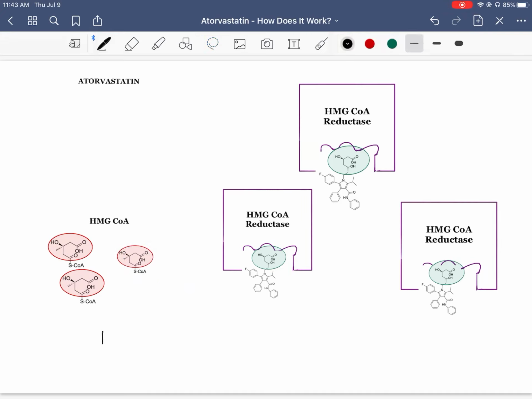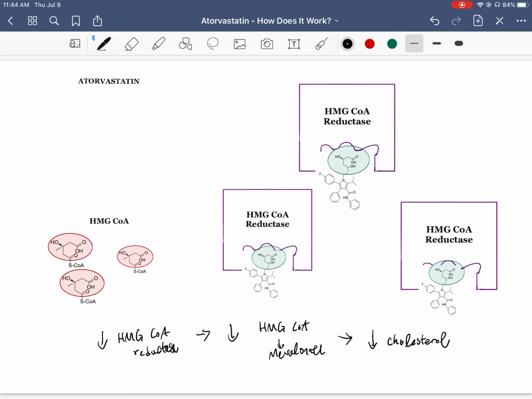By decreasing the amount of available HMG-CoA reductase, we then limit the rate of reaction of HMG-CoA to the mevalonate, reducing the production of mevalonate and ultimately reducing the production of cholesterol, thus lowering blood cholesterol levels.